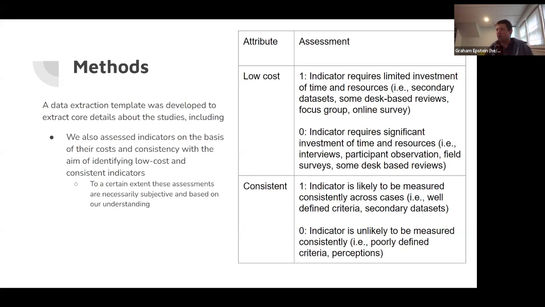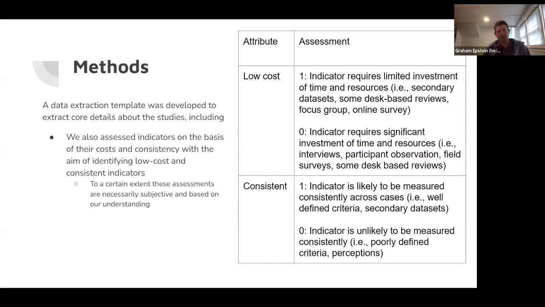Consistency, meanwhile, was measured based upon the extent to which there were either well-defined criteria or secondary data sets. So if we could easily measure this across different contexts, it's unlikely to be interpreted differently. An example of this would be if you ask, is participation effective in this river basin organization?